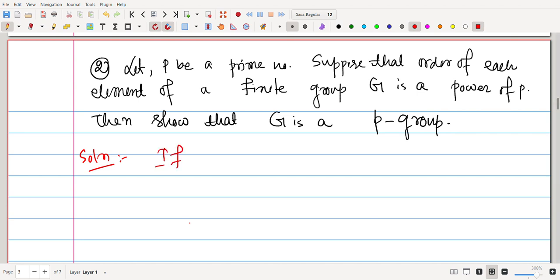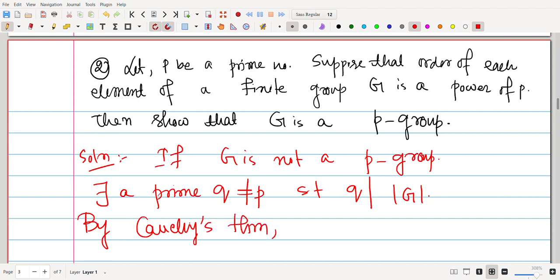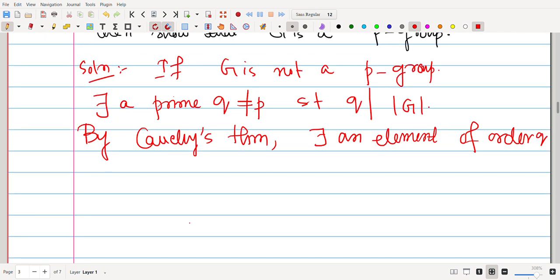If G is not a P group, there exists a prime Q not equal to P such that Q divides the order of G. Now by Cauchy's theorem, there exists an element of order Q inside G.